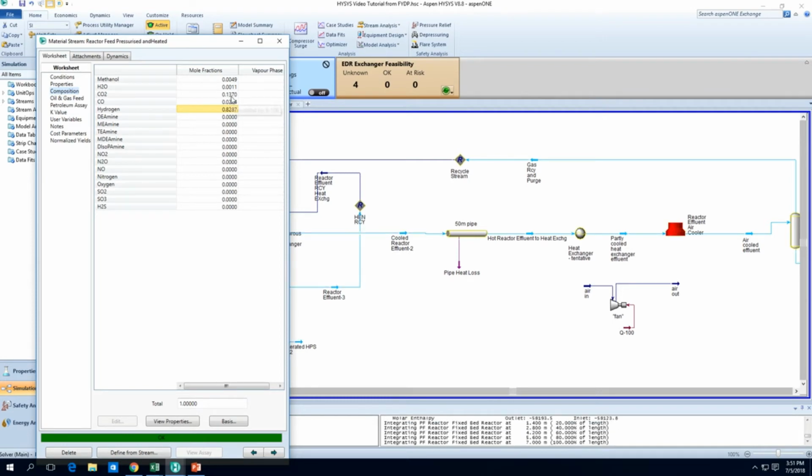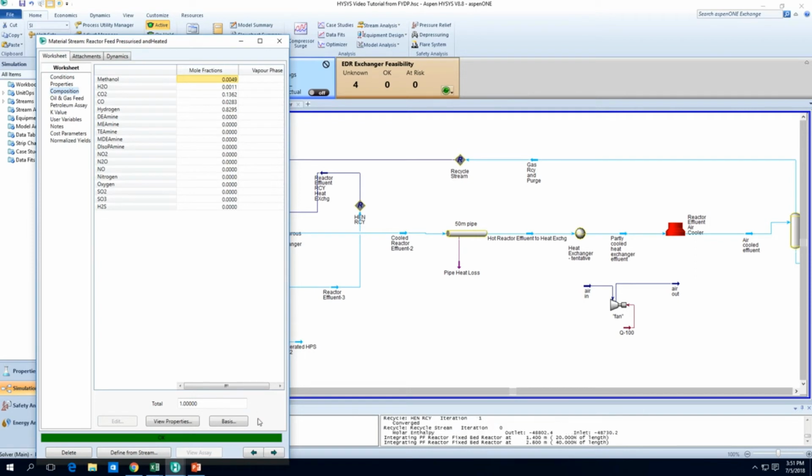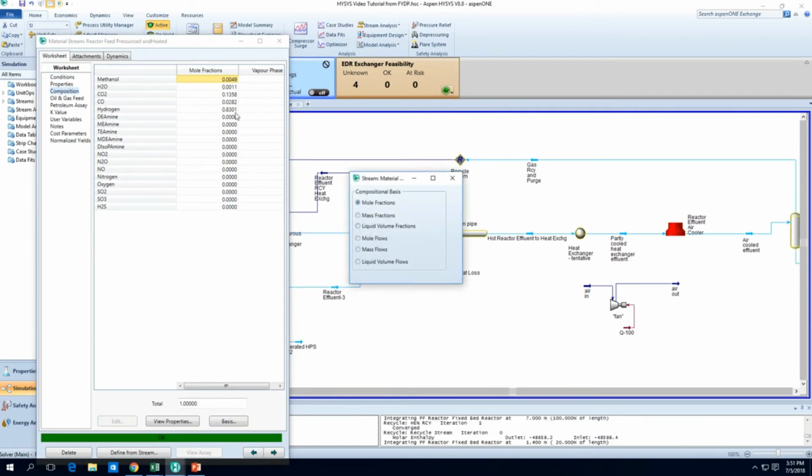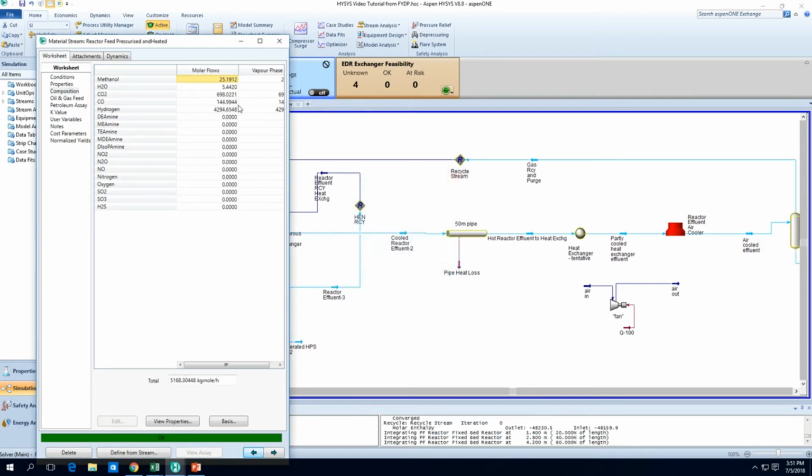So now you can see the CO2 stream is going down a lot. The composition of CO2 is falling, and based on the mole flows, you can see that CO2 is again being consumed while hydrogen is increasing. It should be reaching steady state hopefully soon.